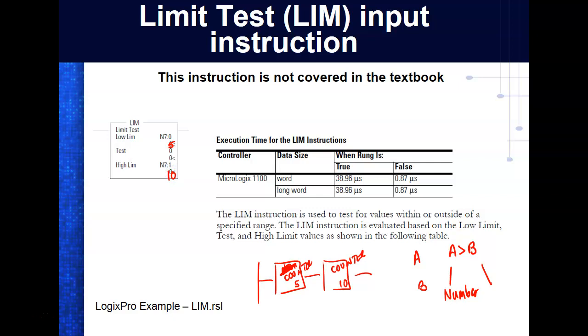What would the test be? If I was doing this, then this right here would be my counter. So I'd say my counter has this low limit and this high limit. Does that make sense?